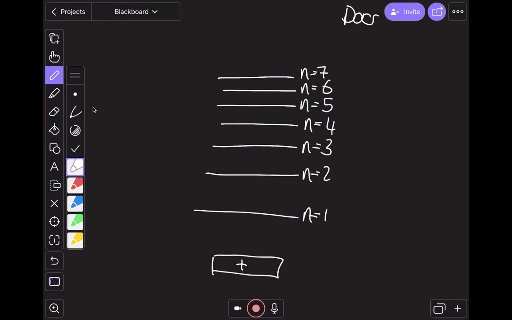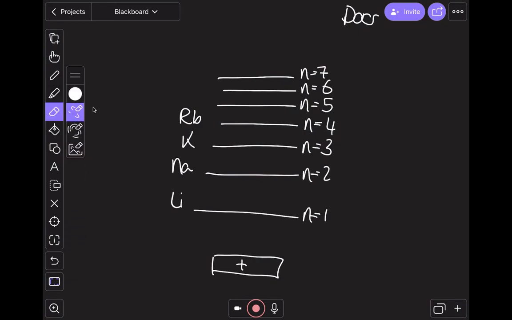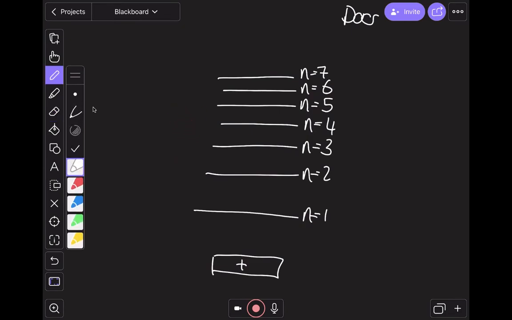And as we go back, if we take the example of lithium, sodium, potassium, rubidium, and right, no, I've done that wrong, so apologies. So we go lithium, sodium, potassium, rubidium, caesium.